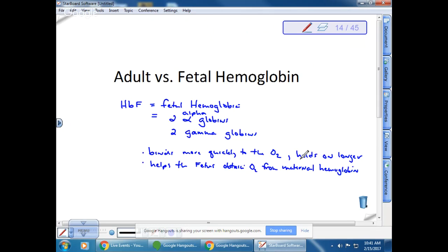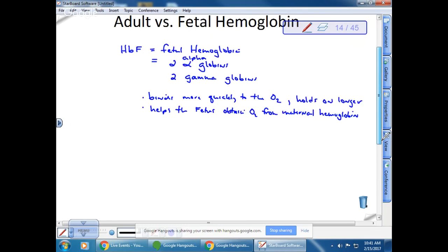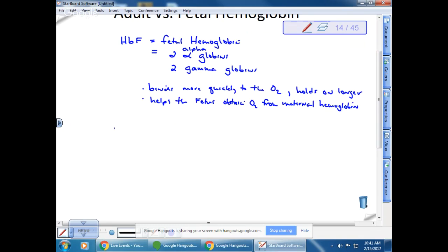Okay, so the interesting thing is at birth, we have to get rid of the fetal hemoglobin. So at birth, hemoglobin and red blood cells are broken down really quickly. So at birth, we need to replace fetal with adult hemoglobin.